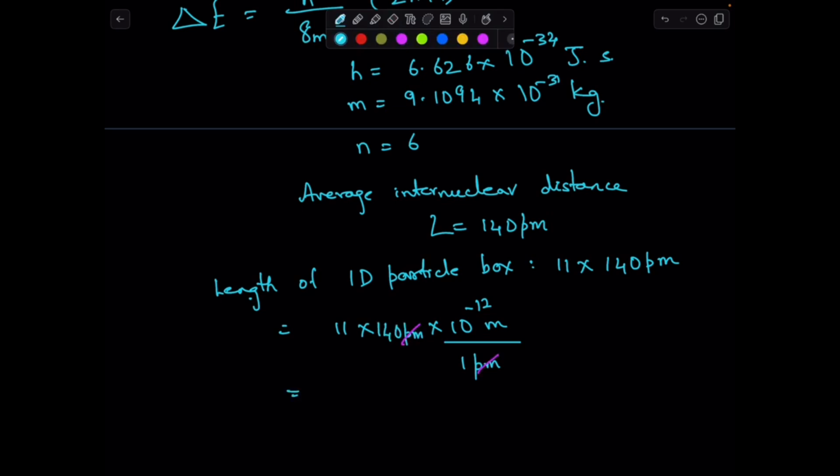This gives us 1.54 times 10 to the negative 9 meters.